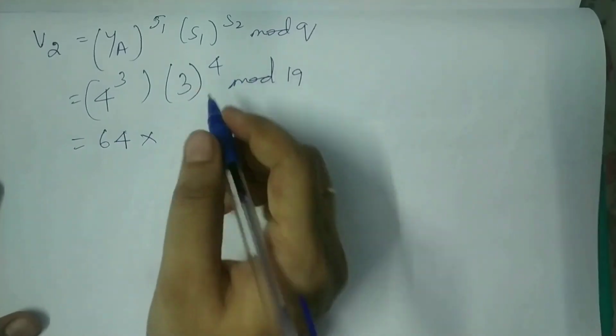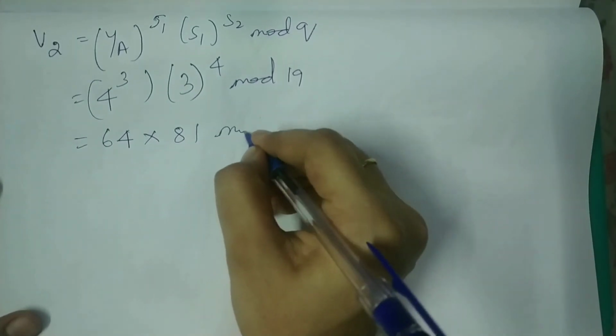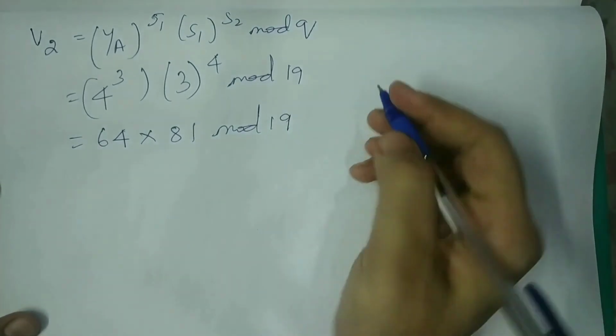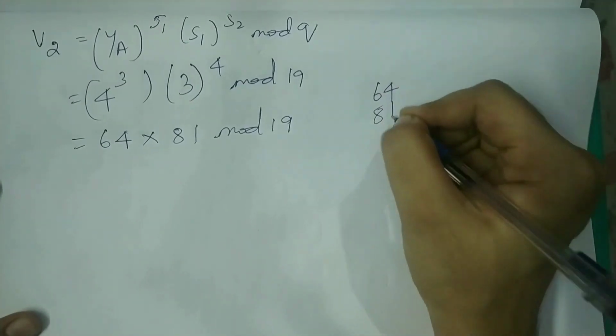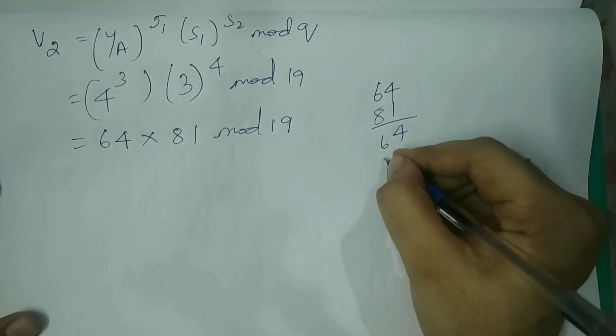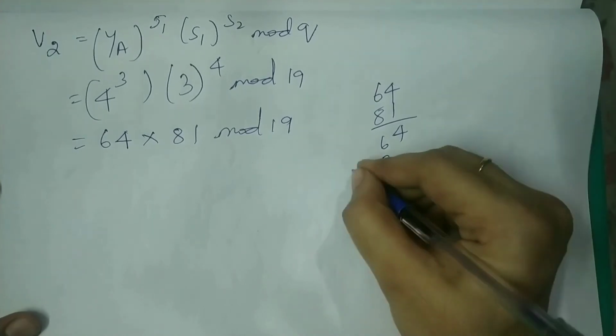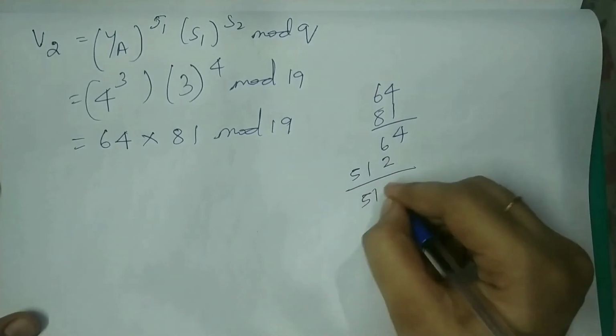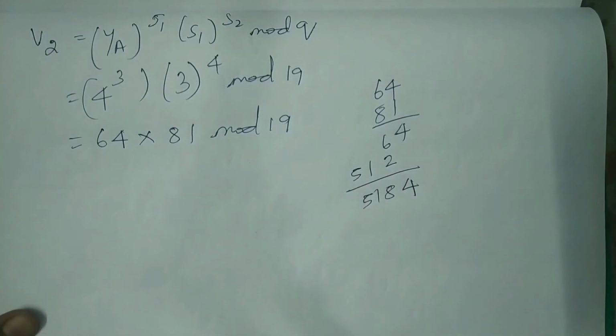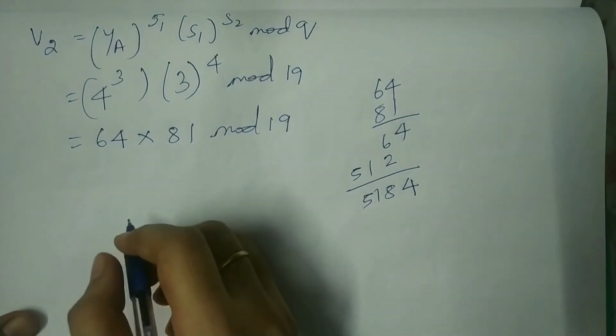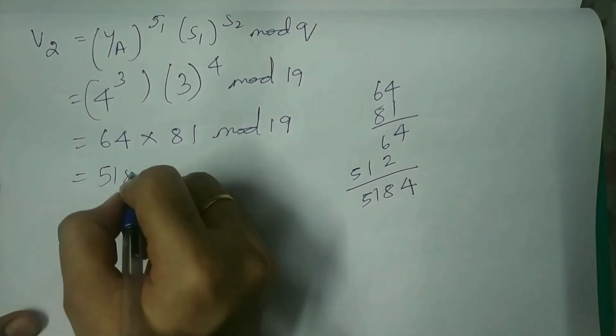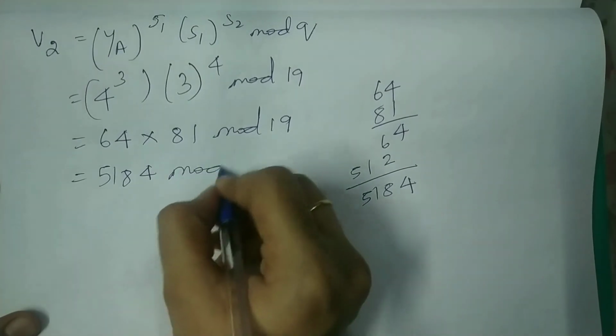Then 3 power 4 is 81. 64 into 81 is 5184 mod 19.